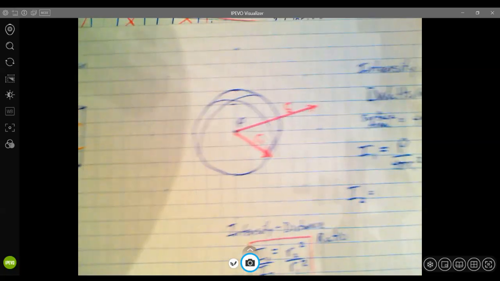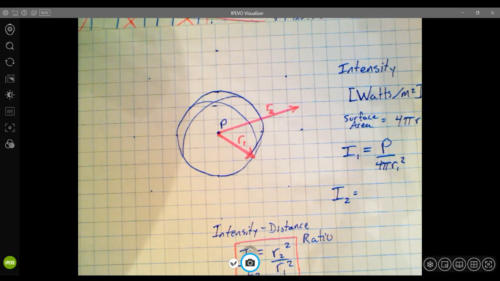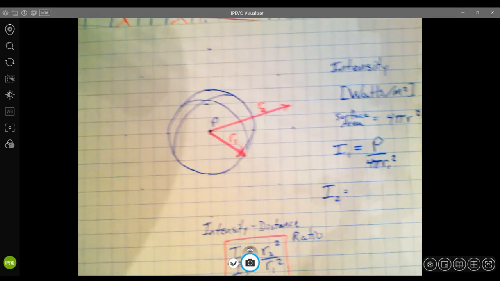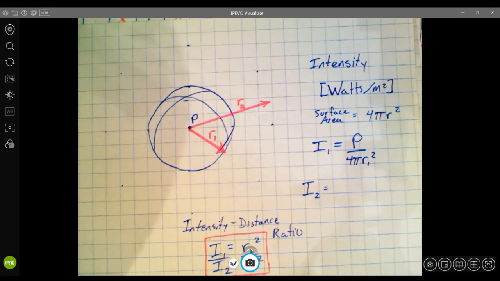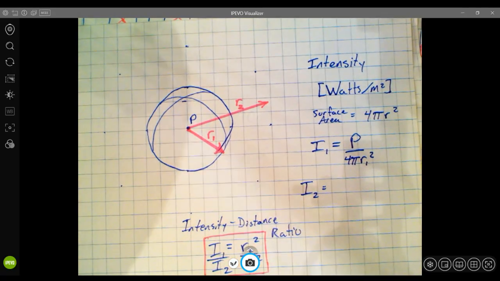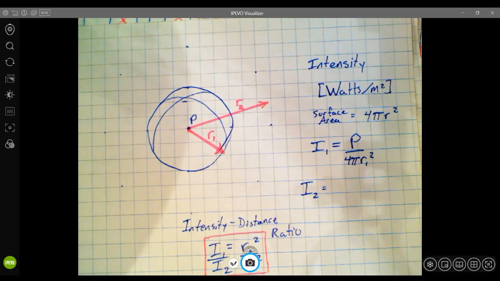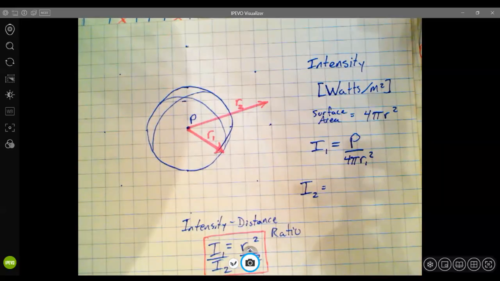So if we take that idea and think of this really as those spherical ripples of sound energy that we talked about before. We talked about water ripples as a model, but really these sound ripples are going out spherically in all directions. Intensity is a measure of how many watts there are per meter squared around this surface, this spherical ripple.